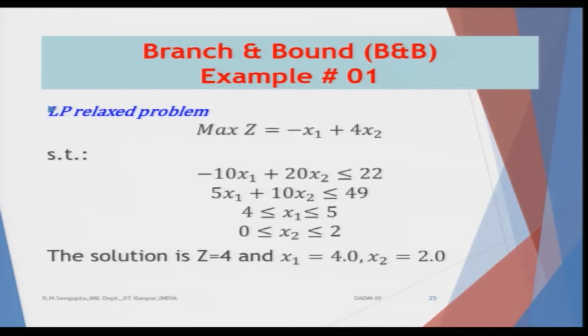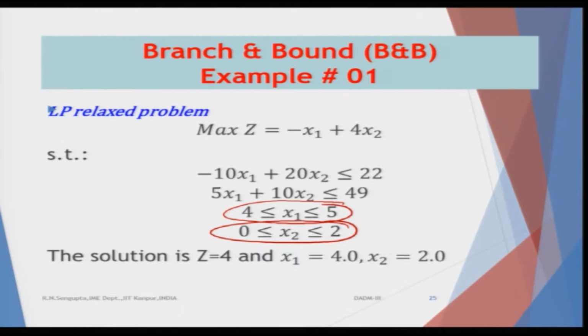The objective function maximization remains the same, the first constraint remains the same, the second constraint remains the same. The constraints corresponding to the other decision variables are now changing, in the relaxed form of linear programming. x1 is continuous between 4 and 5, any values, and x2 is continuous between 0 and 2, any values.